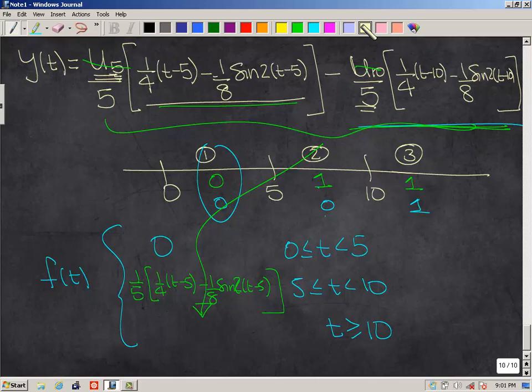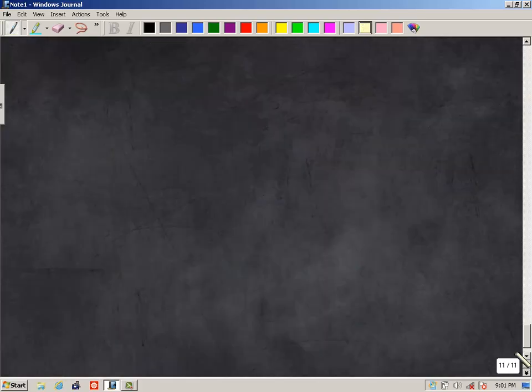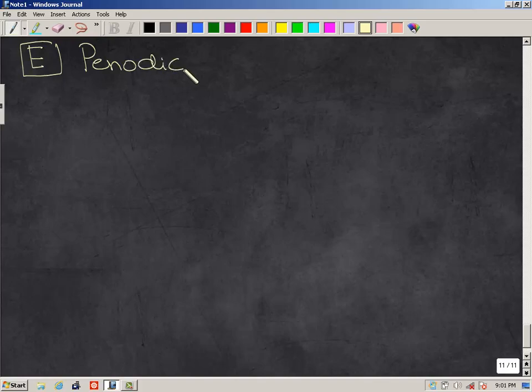What I want to do next though is talk about periodic functions, and how to take Laplace of that. So this is periodic functions. I think I've mentioned once before what periodic functions are, but let me go ahead and give that definition again.